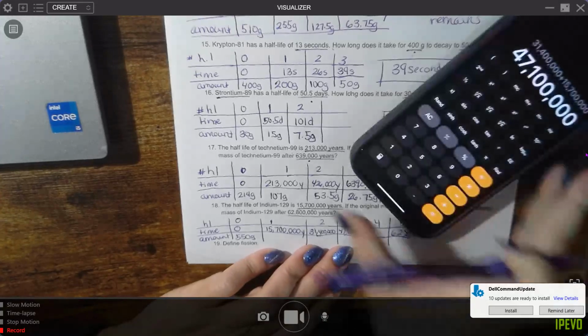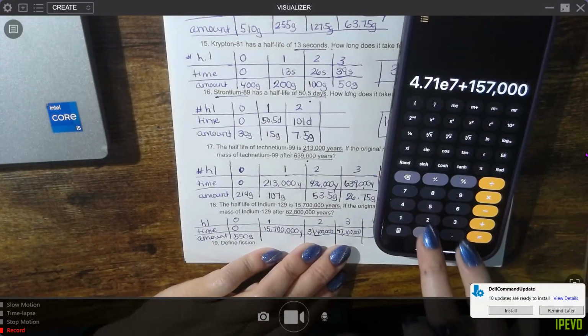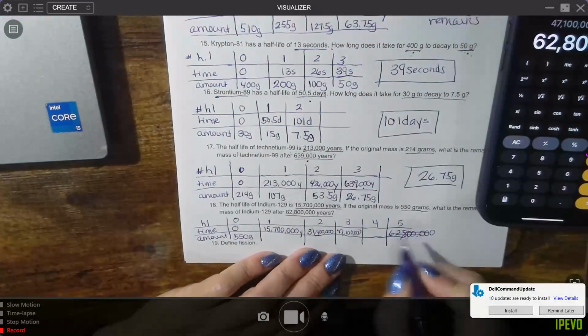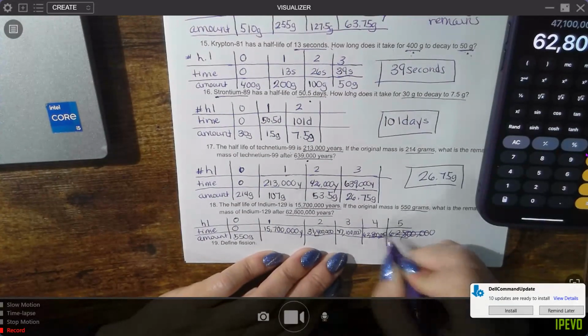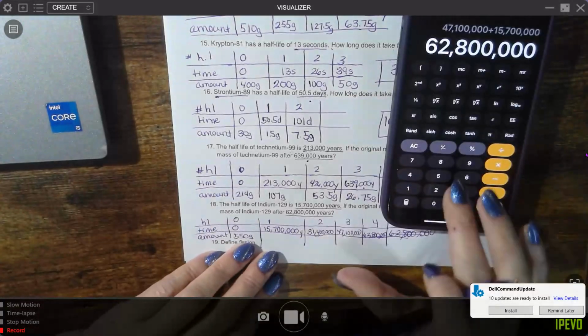Then I'm going to add one more half-life, 15,700,000. 62,800,000 is 4 half-lives.